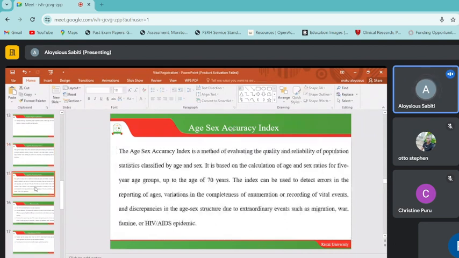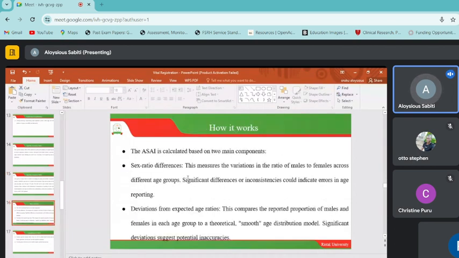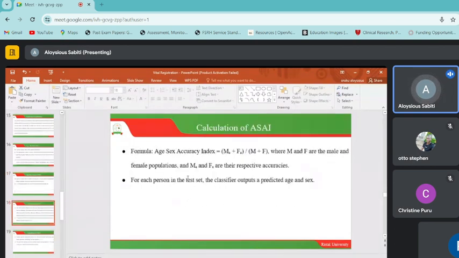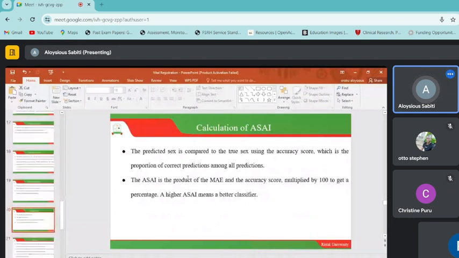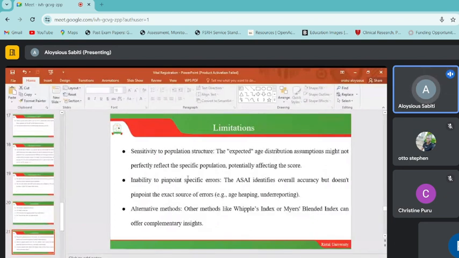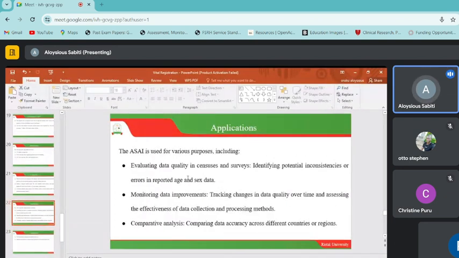The age-sex accuracy index is a method of evaluating the quality and reliability of population statistics classified by age and sex. It is based on the calculation of age and sex ratios for 5-year age groups up to the age of 70. So it is more of a mathematical concept, and we shall look at that as I have said, and therefore I wouldn't want to spend more time on it here.